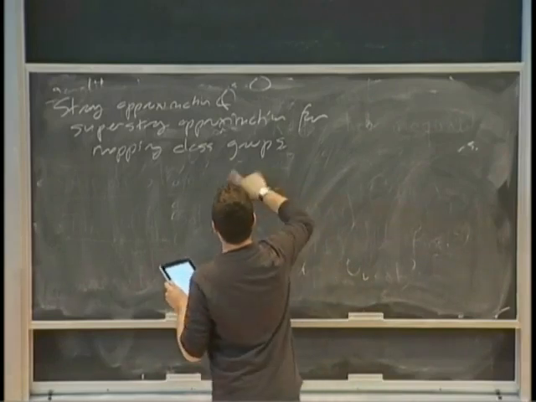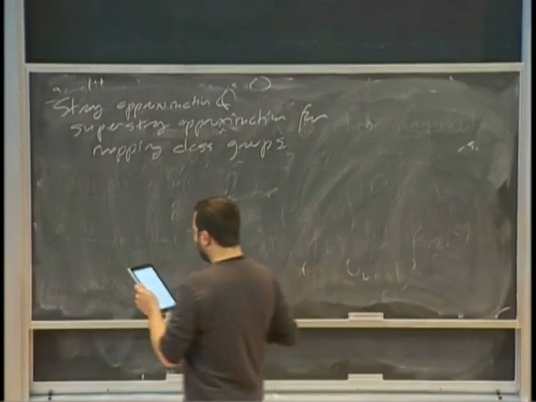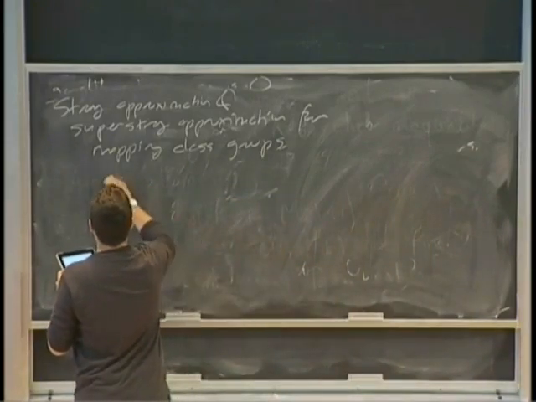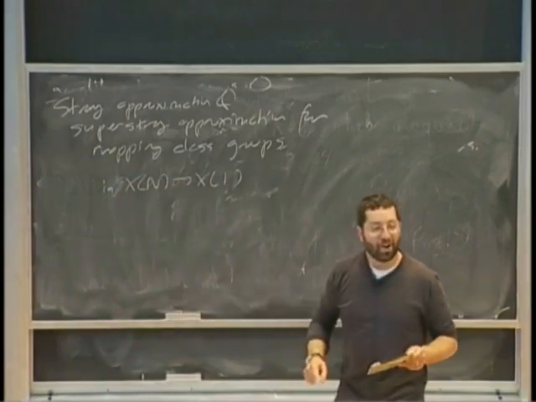So let me again recall this example of X_1(N) mapping to X(1) that I mentioned before. In X(N) to X(1), this is our canonical picture of what a congruence subgroup means.